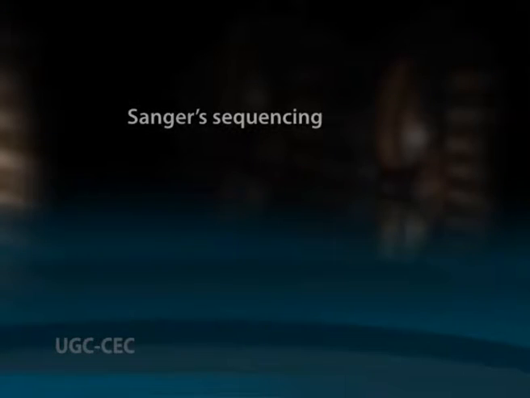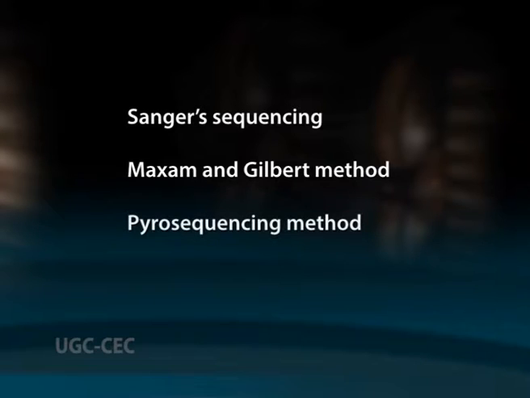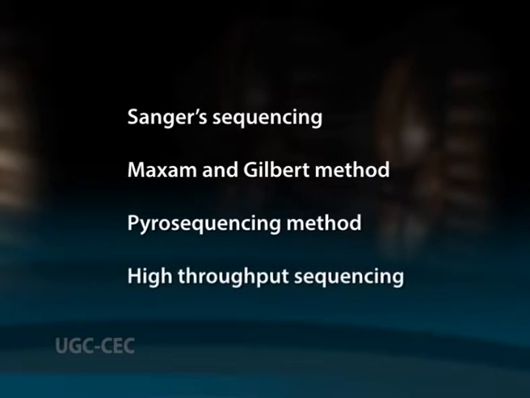Let us now summarize what we have learned in this session. The 4 best known basic DNA sequencing techniques are Sanger sequencing, Maxam-Gilbert method, pyrosequencing method and high throughput sequencing. There are good prospects for the emergence of DNA sequencing methods which may revolutionize the field of sequencing.